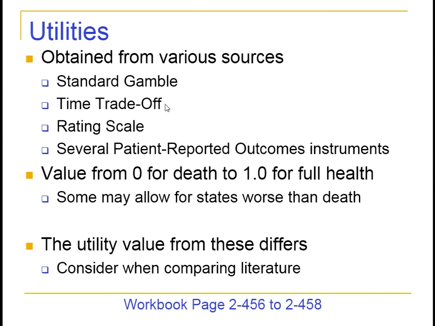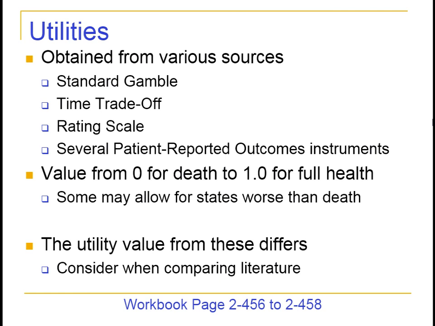Time trade-off is a similar concept, but you're actually giving up some of your life to obtain full health. A rating scale is very similar to the 100 millimeter pain scale, where the subject just marks where their quality occurs on that scale.